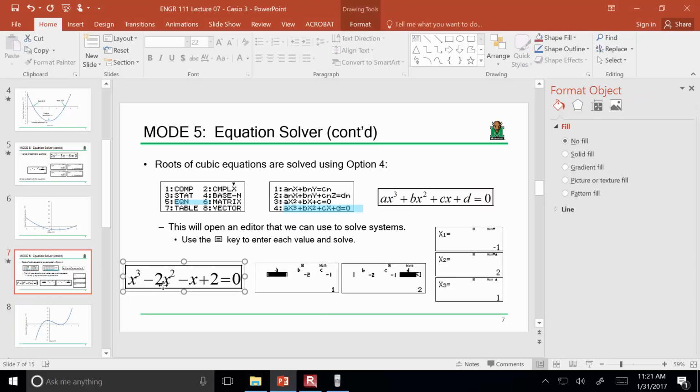You know, this expression, we're trying to find for what are the x values that makes it true. And so the x values that we found, -1, 2, and 1, if you substitute any of those values into this equation, then you'll end up with the sum of the left-hand side equal to 0, just as the expression says.